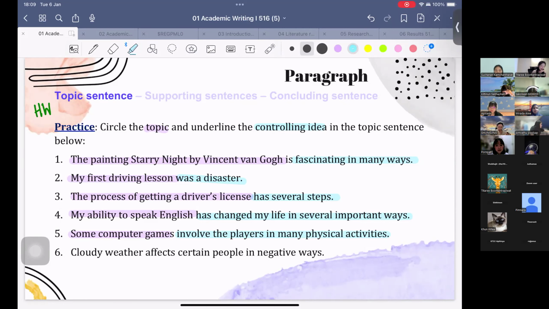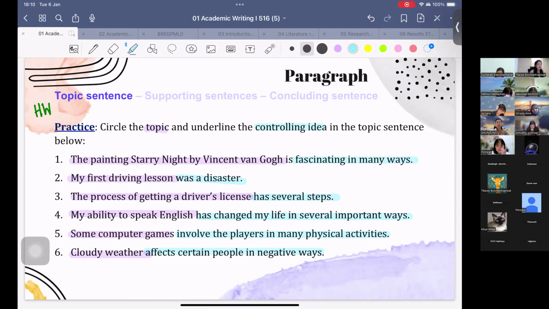And the last one, cloudy weather affects certain people in negative ways. The topic would be cloudy weather, and the author should talk about how this affects people in the negative aspect. So that would be the controlling idea for the first one.